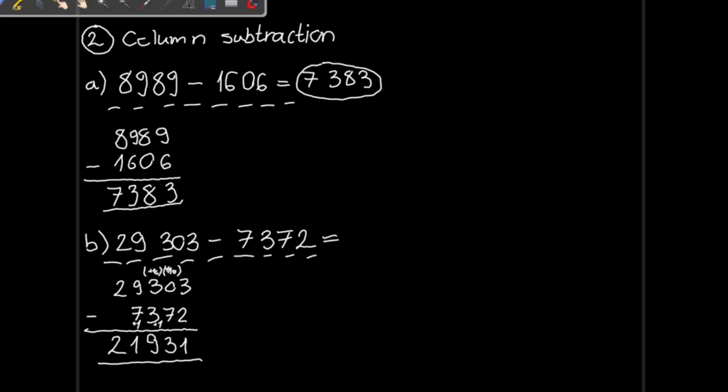This becomes 4, and then we ask ourselves what is 4 plus what is 13? That's 9. We increased this 3 as well to 13, and we need to add 1 more to the 7 here. And again, 8 plus what is 9? 1. That's cool. 0 plus what is 2? And that's 2. So the result, 21,931.